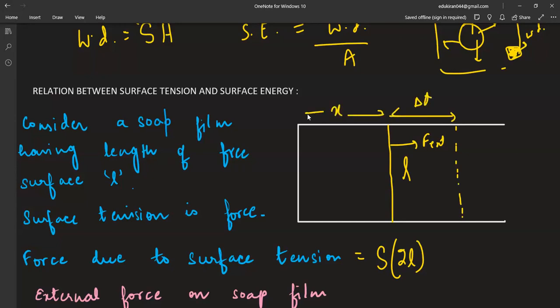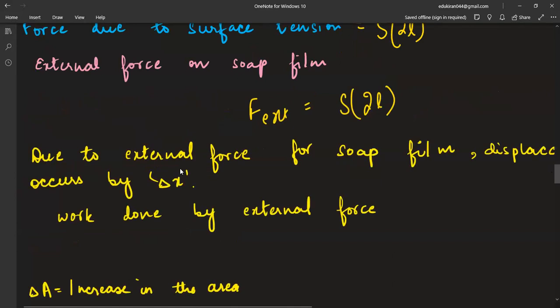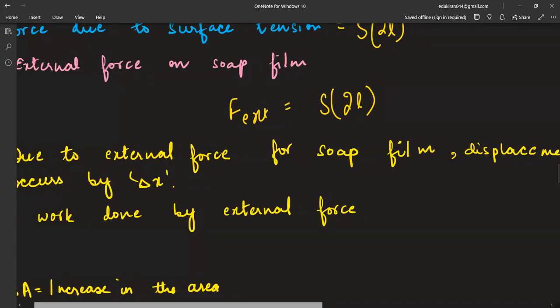Initial separation was X. Now some change in the displacement has occurred, delta X. Due to the external force for the soap film, displacement occurs by delta X.